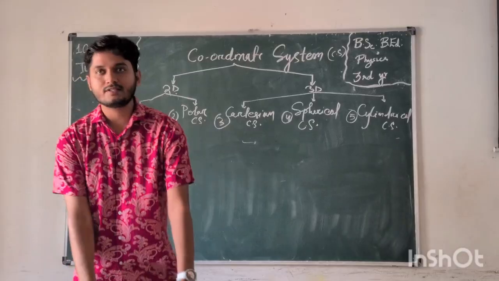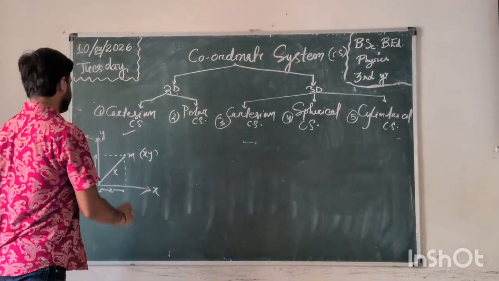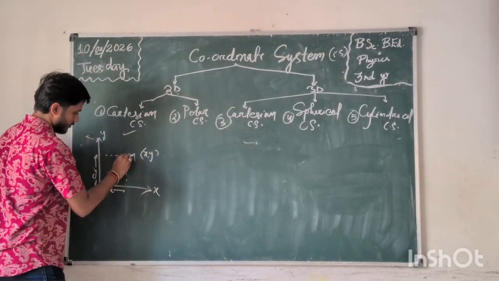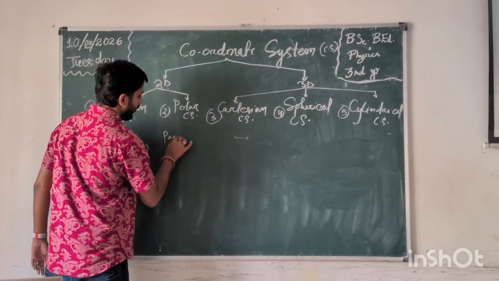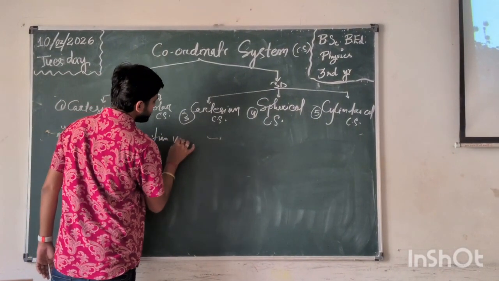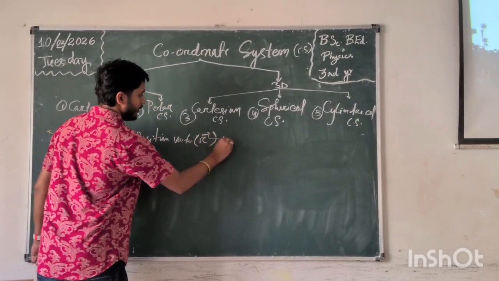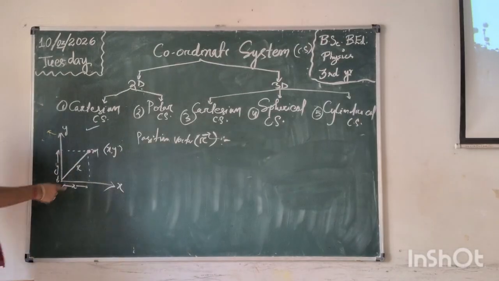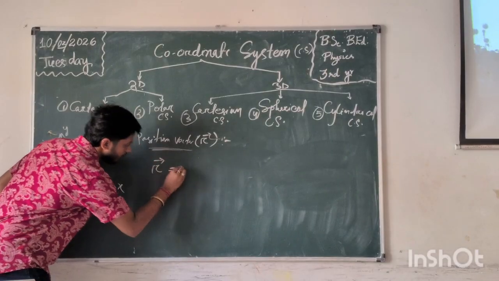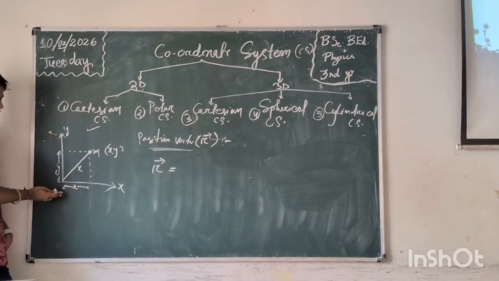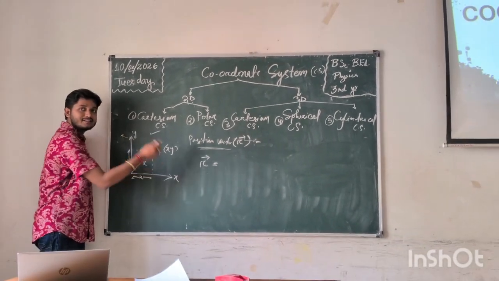We know how to write the position vector. So first we have to write the position vector. What is the position vector here? r represents, in the x-axis, the magnitude is x and the direction is i cap.